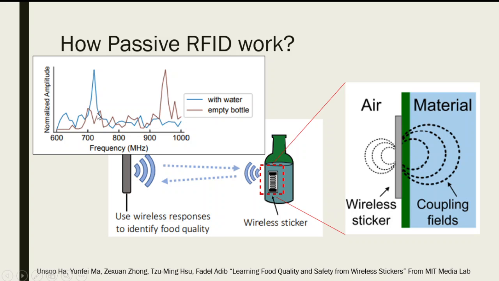Other than this, you can also observe a change in the amplitude or the signal strength of the received signal at the reader's antenna. So if the reader can extract these properties, it can distinguish between water or air inside the bottle. That is a very simple comparison to do, whether you have water or an empty bottle.